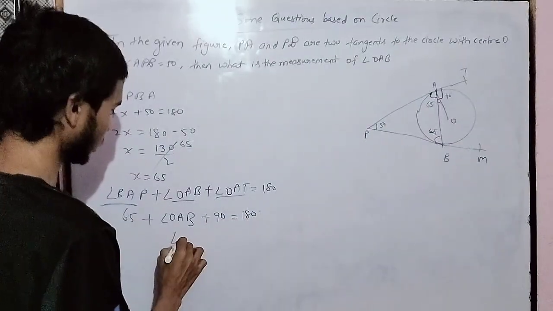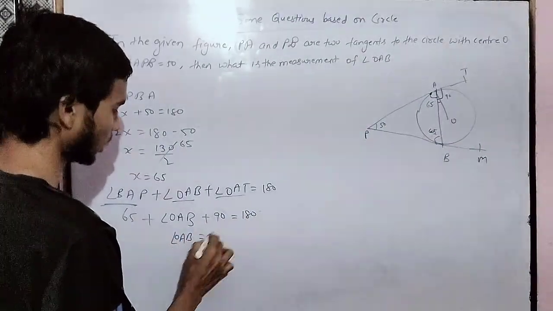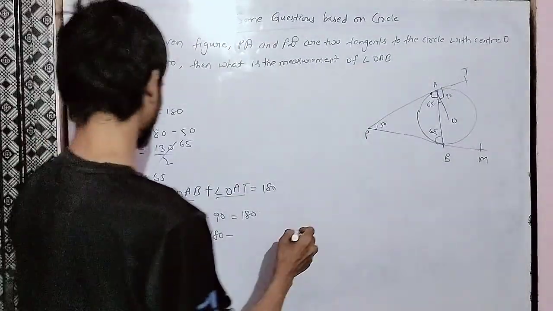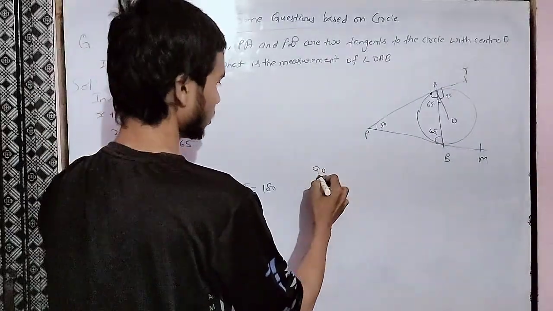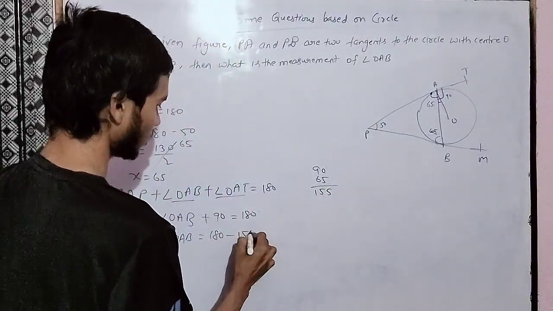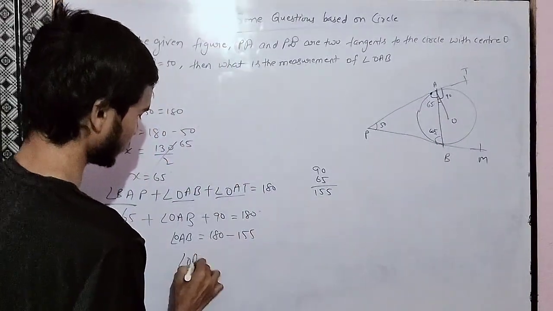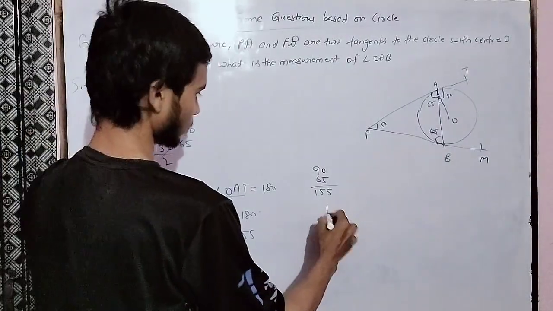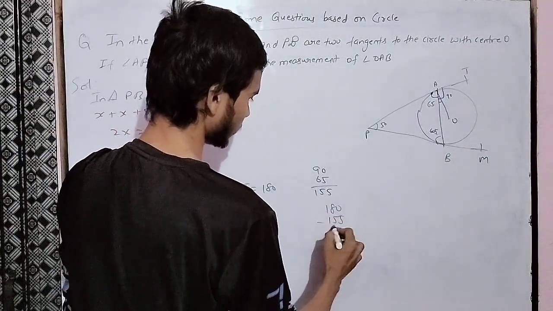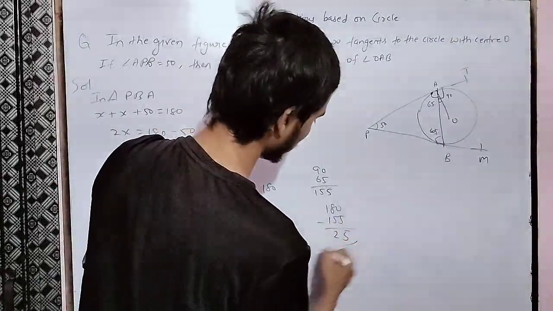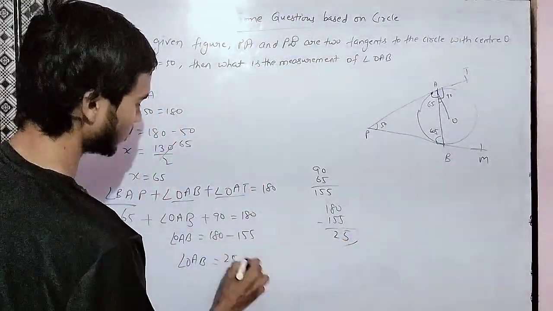So 180 minus 90 minus 65, that is 155 subtracted from 180, which is 25.